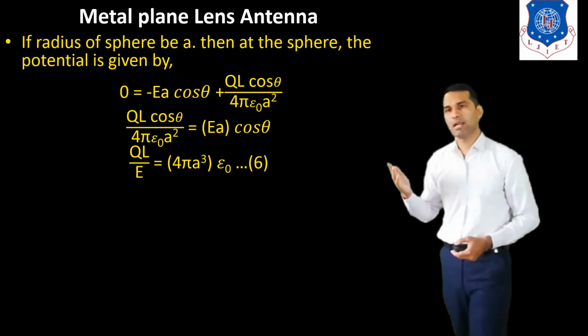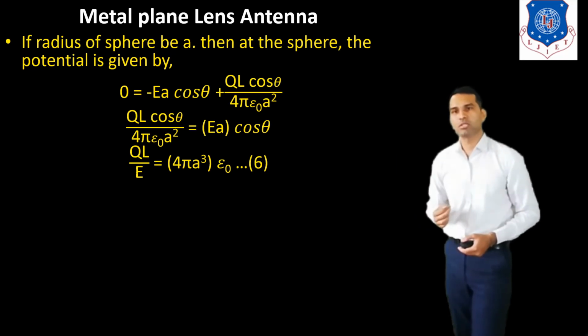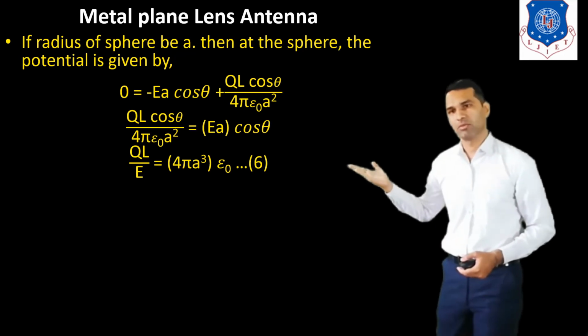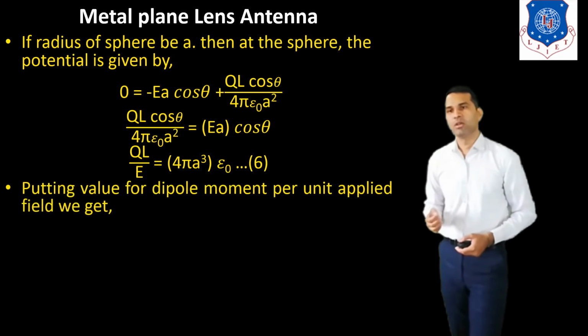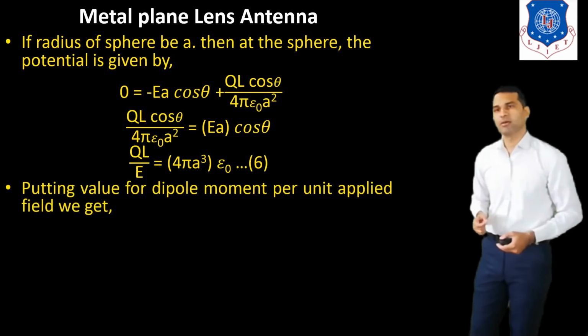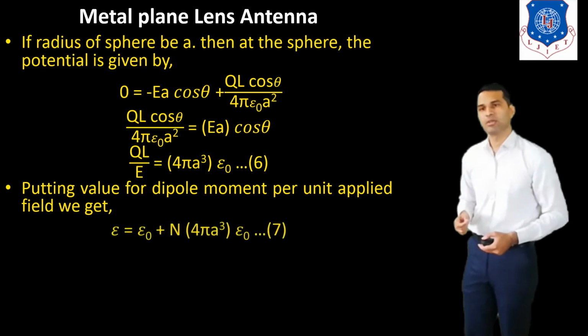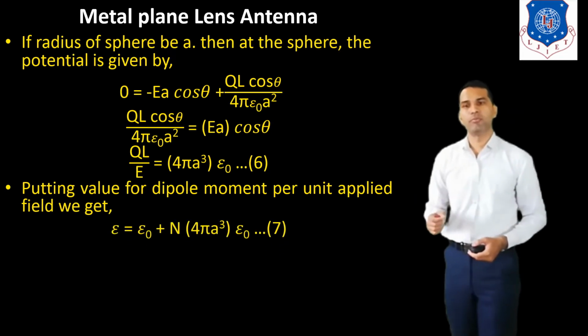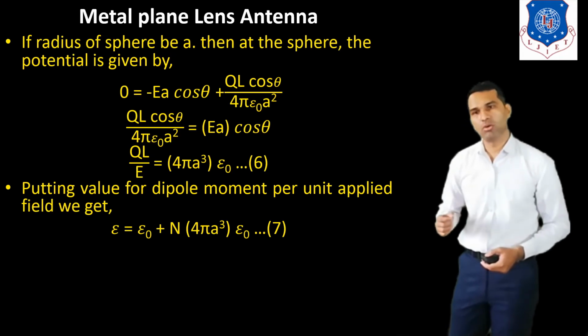On the left hand side and right hand side, the cos theta cancels. So we finally get this equation. Now putting the value of the dipole moment per unit applied field, we get epsilon equals epsilon 0 plus N 4 pi a cube into epsilon 0.